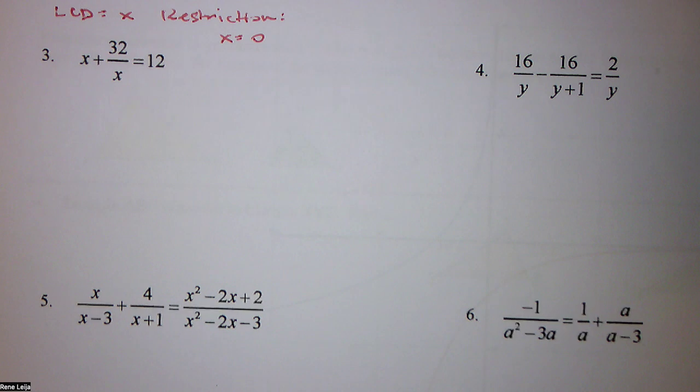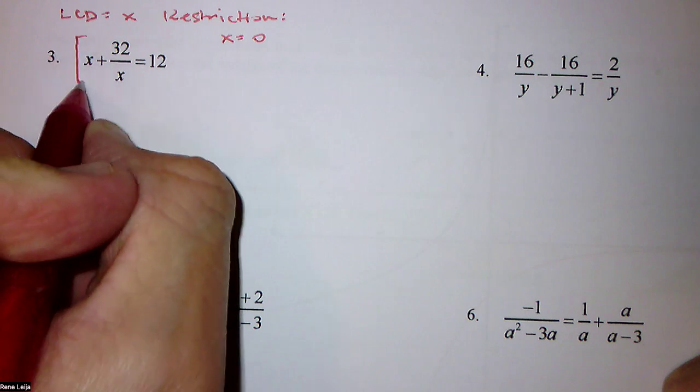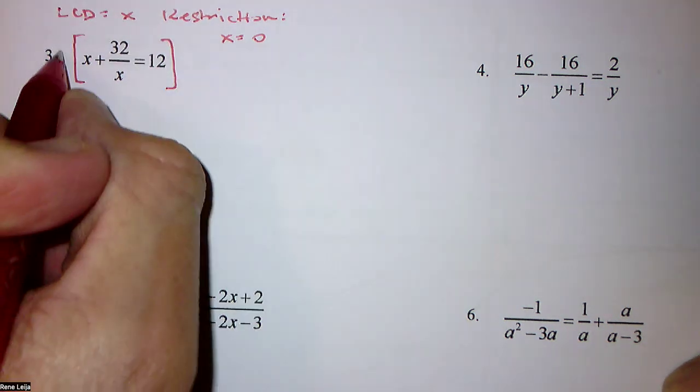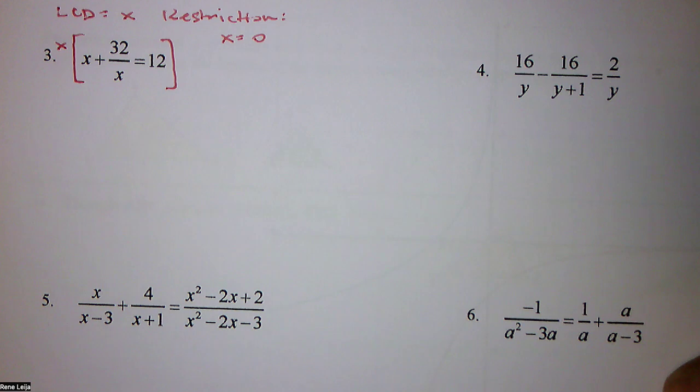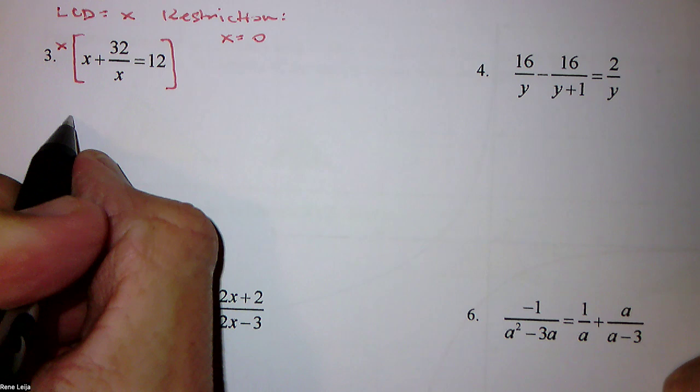All right, sorry. Now, I am going to multiply everybody by my LCD, which is x. So now, x times x, that gives me x squared.